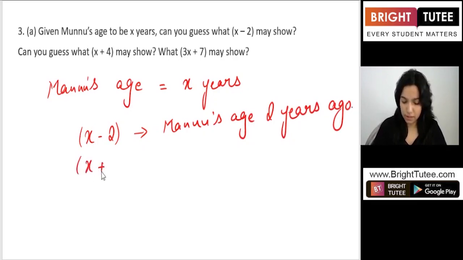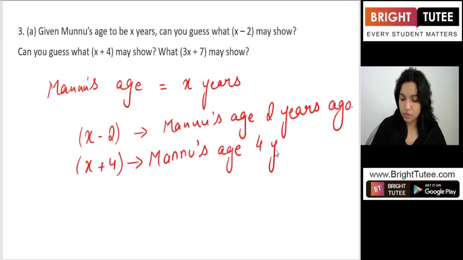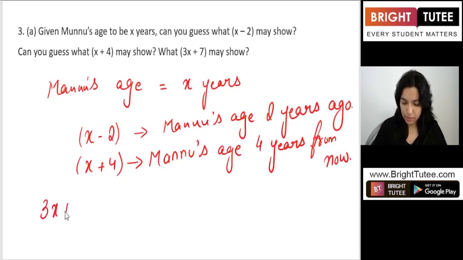Okay, so 2 years ago he was X minus 2. What is X plus 4? This is Manu's age 4 years from now. So if we see after 4 years, what will Manu's age be? It will be X plus 4. And what do you think 3X plus 7 is?